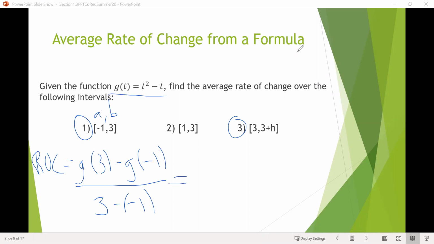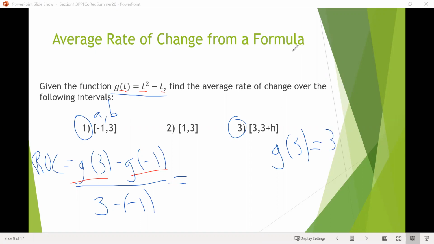g of 3 and g of -1, remember those represent the output values when the function is evaluated at each of those. So how do we find those values? Right, we need to plug in 3 and -1 into the function. So we need to do g of 3, which means since we replaced the t here with 3, we need to replace these with 3 as well.